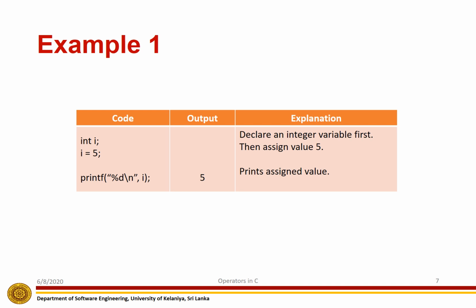In here the value of i will pass to the %d and be printed. After the comma, we have to give the value that we want to print, and \n is to move the cursor to the next line. So this will print the value 5.